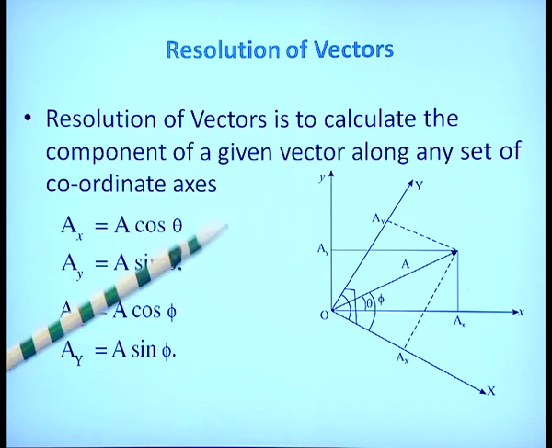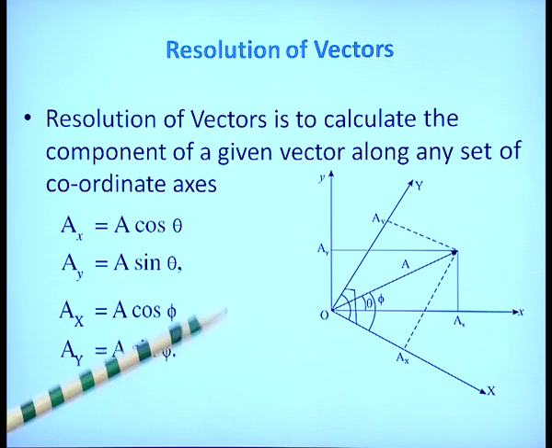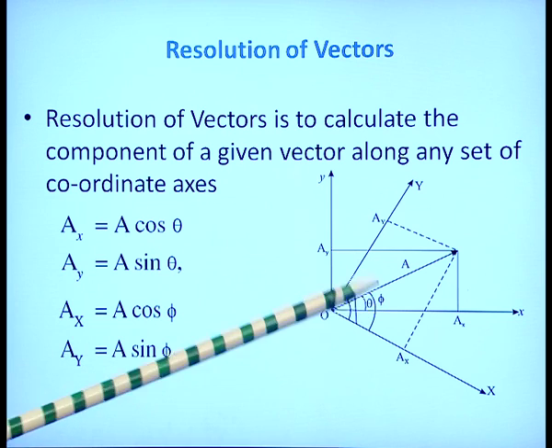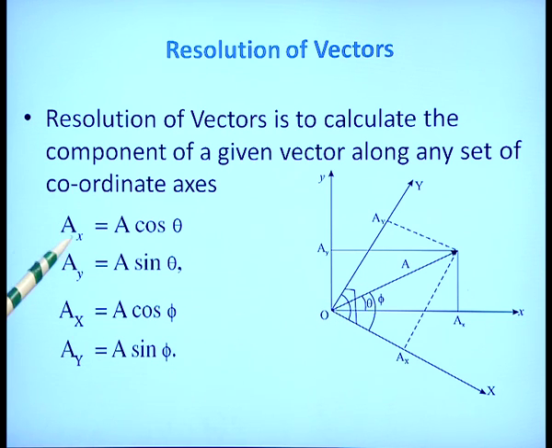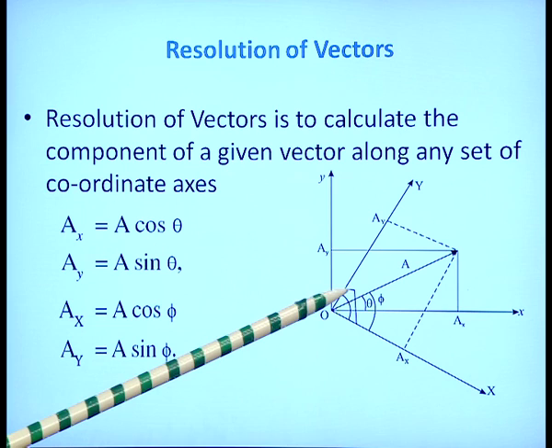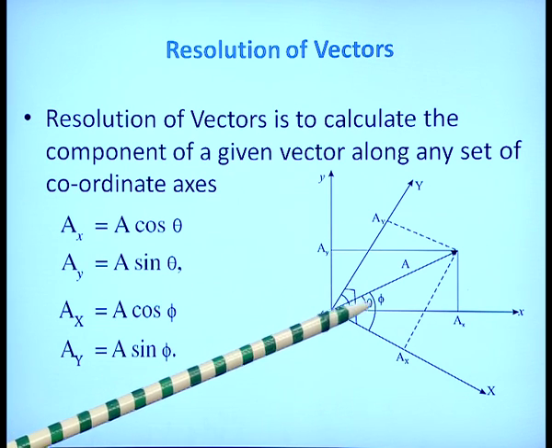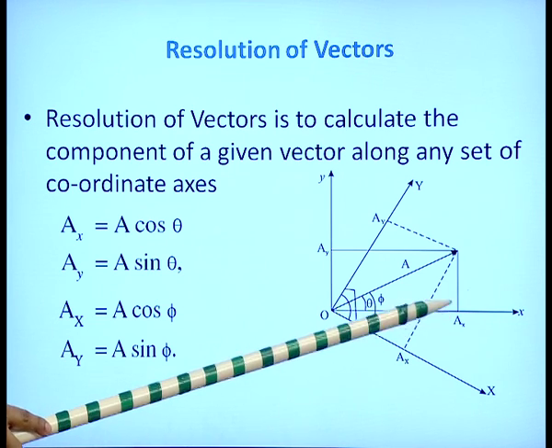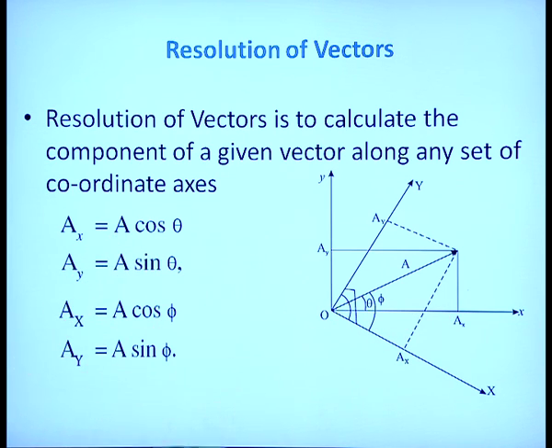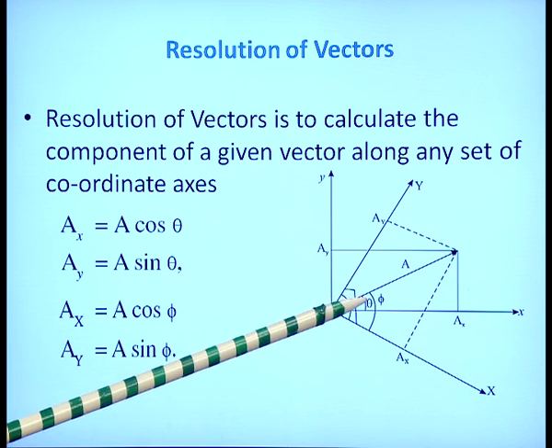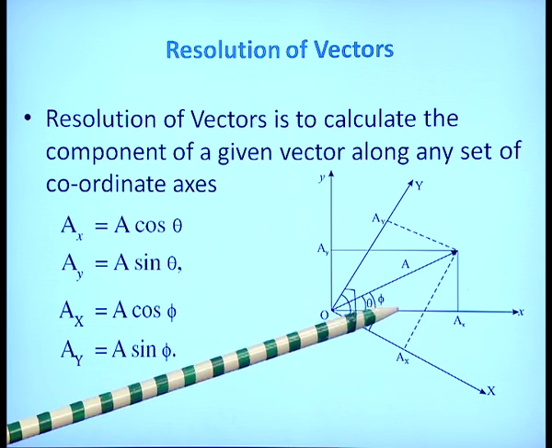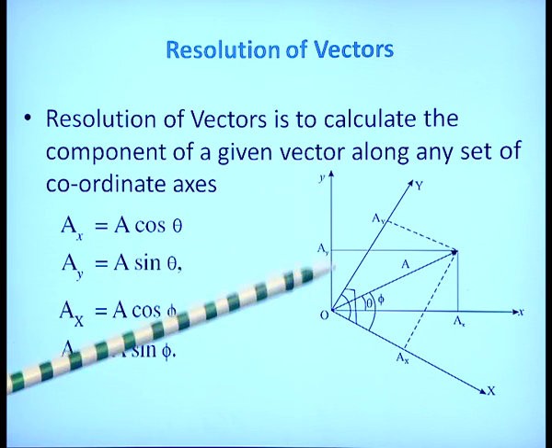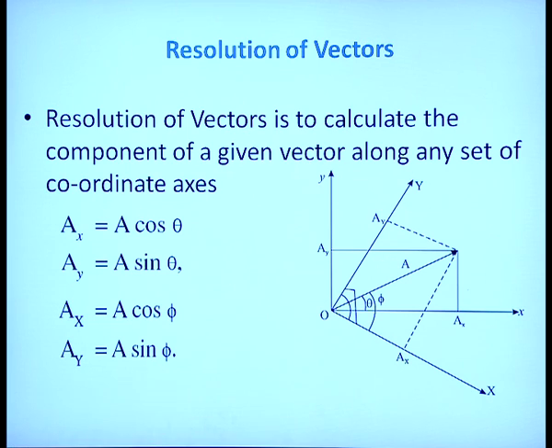So, we can find the components of vector A in this coordinate system as Ax, that is the component of vector A along the x axis, which is equal to A cos theta, where theta is the angle between vector A and the x axis, and Ay, that is the component of vector A along the y axis, as A sin theta.